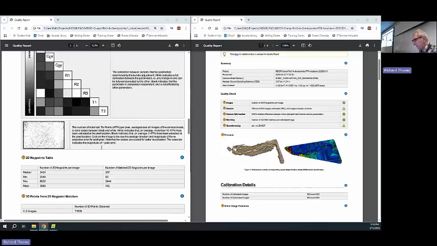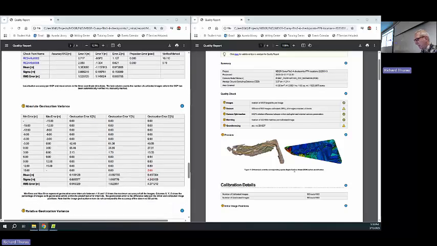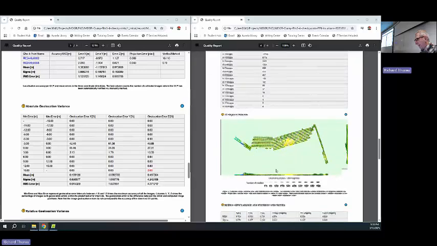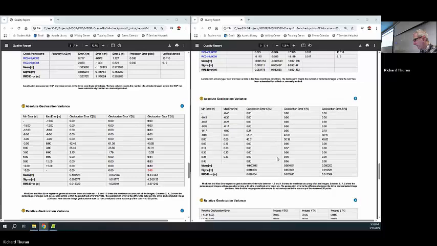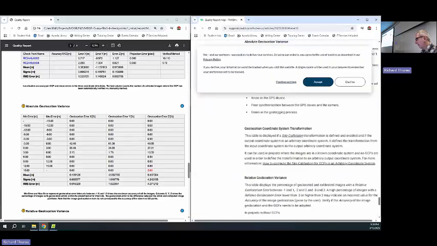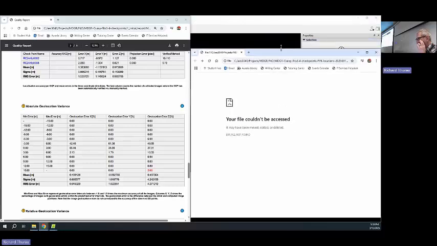And I'm looking at absolute versus relative geolocation variance, and I think that's towards the, so absolute geolocation variance, right? And if I want to know more about what is absolute geolocation variance, of course, I can hit the question mark, and it goes to this, unfortunately, did it just open?